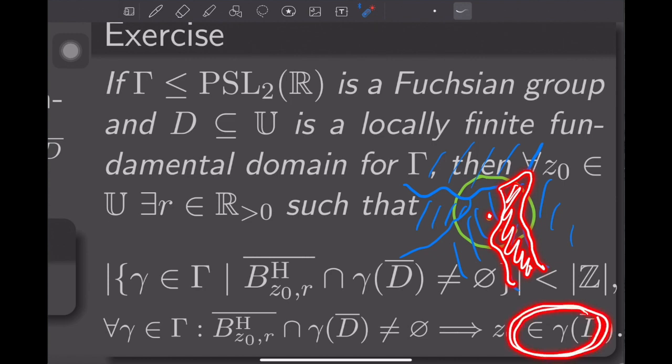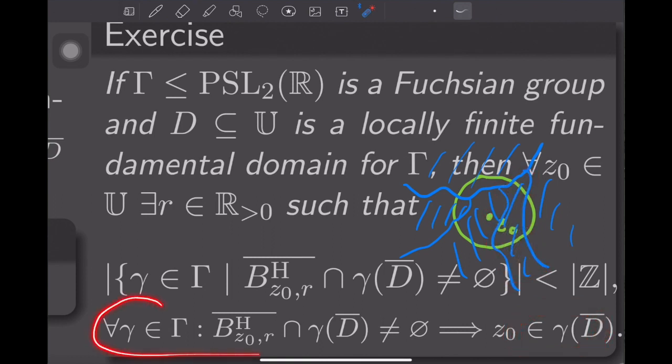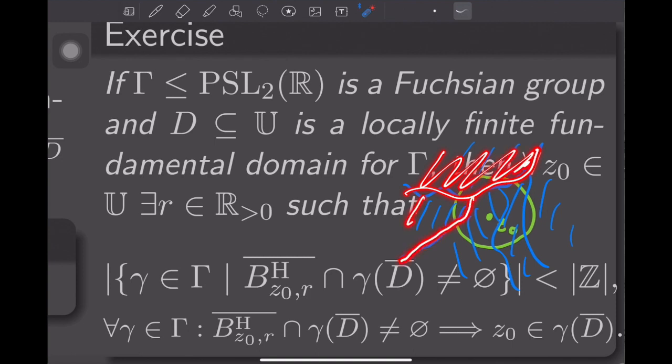So this one doesn't satisfy the condition, which means this disk doesn't satisfy that condition. But I know that the number of all of these images is finite by local finiteness of the fundamental domain.